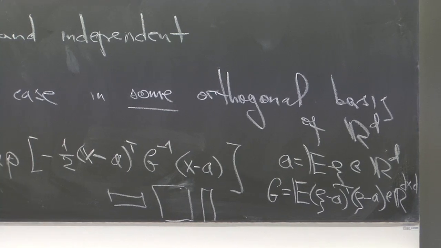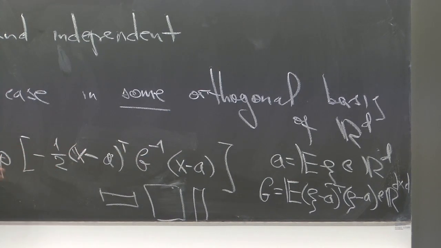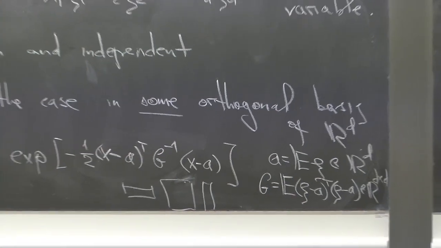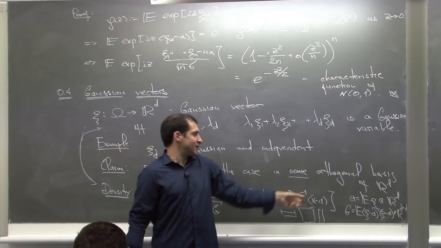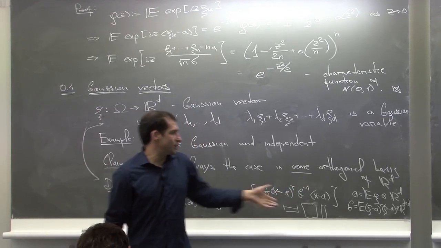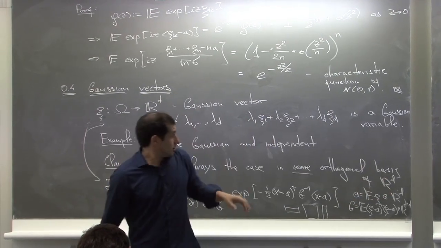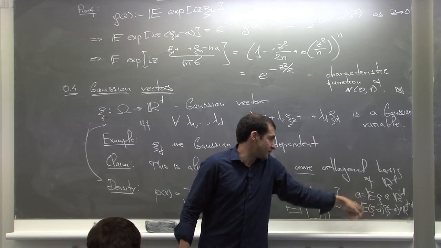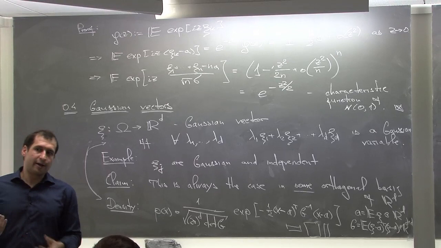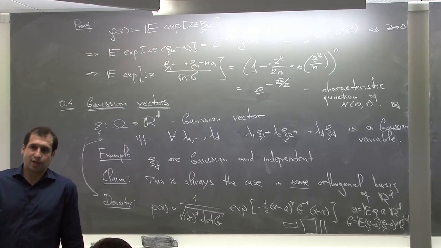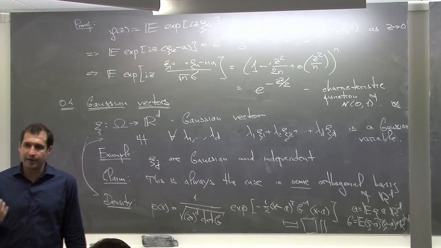So from this description, if we start from here, then one can think about the remark above as follows. I'm given some matrix, which by definition is positive semi-definite. So from here, this is almost obvious. And then in some basis, it has a diagonal form. This is just a very basic fact from linear algebra.